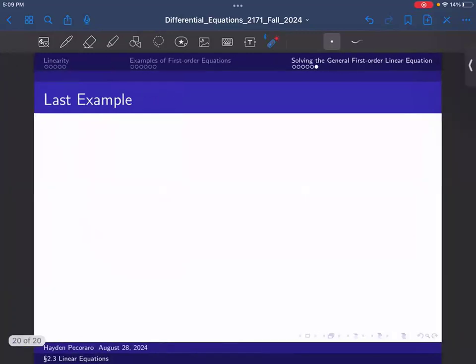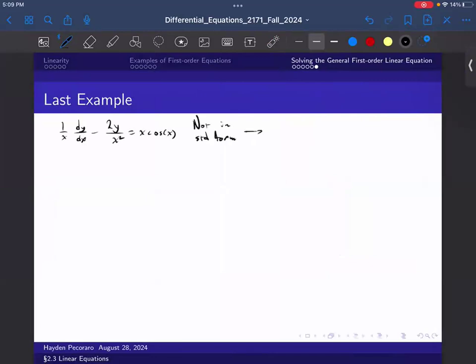All right, let's go ahead and solve this then. So I'm going to use the other page since I gave it to myself. 1 over x dy dx, minus 2y over x squared, and then our forcing term over there is x cosine x. All right, so is this in standard form? No, good. Standard form has leading coefficient 1, right?